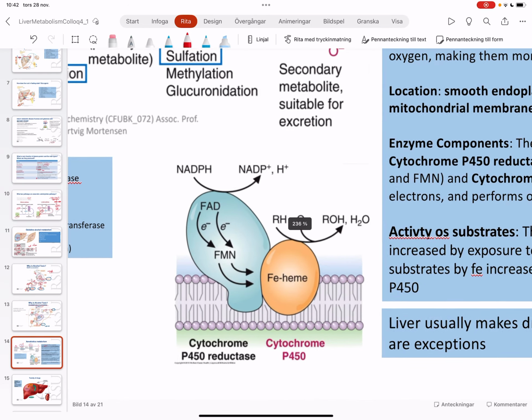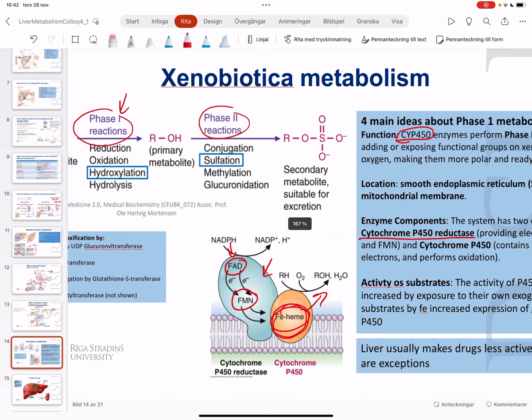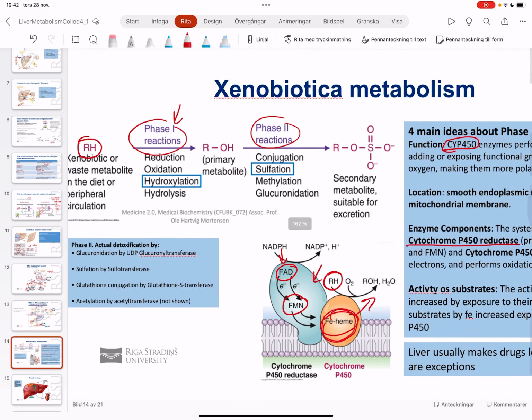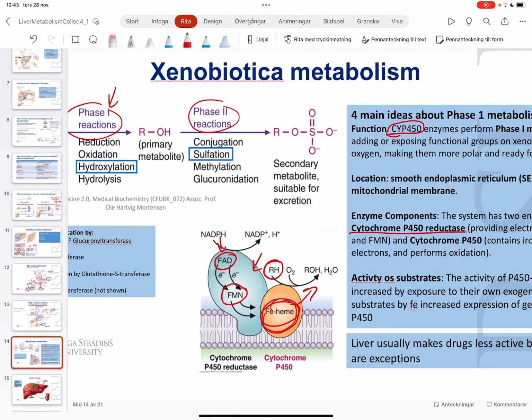The first component is cytochrome P450 reductase, in which FAD receives electrons and then gives them to FMN, and then FMN gives them to cytochrome P450, and then this cytochrome P450 can donate electrons to the xenobiotic, or to any drug or anything like that.